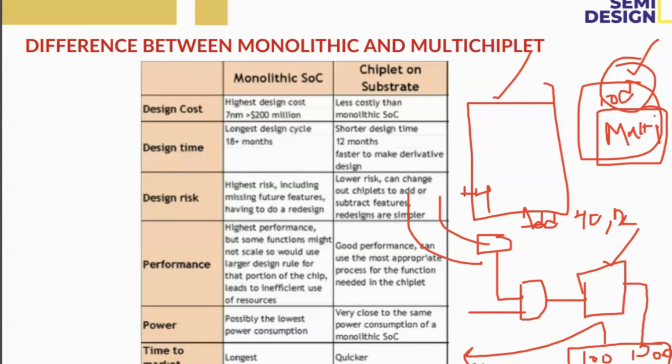Ma'am, one doubt. In SystemVerilog we are using binary data also, no? In SystemVerilog we use binary data, but it cannot understand it. We cannot write the test cases for binary logically, so many things it will not allow.